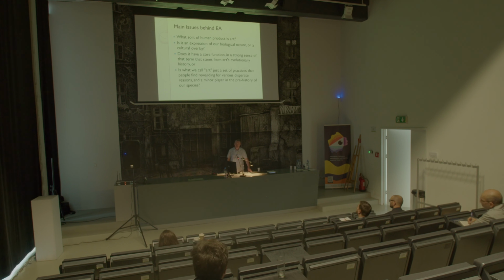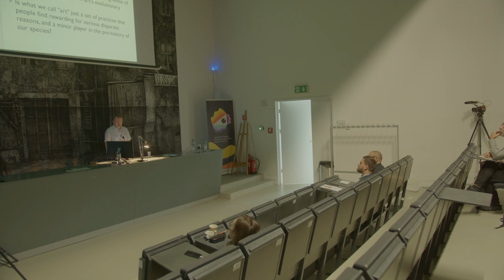The main issue behind evolutionary approaches to art and aesthetics is the main question: what sort of product is art? Is it just a cultural overlay, or is it only related to some historical facts and issues, or can we say that it also has some deep biological roots that are connected with our evolutionary nature?